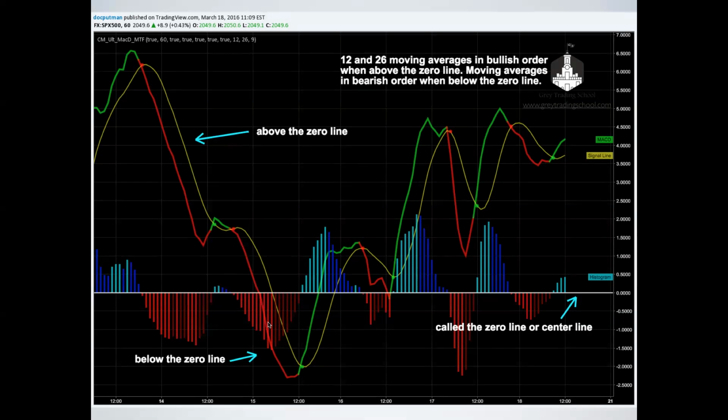So down here, those moving averages are bearish. It starts to come back up, and when it crosses here, that is a signal to you, without looking at moving averages, that those two moving averages are actually now in bullish order again, and the short moving average is above the long moving average.